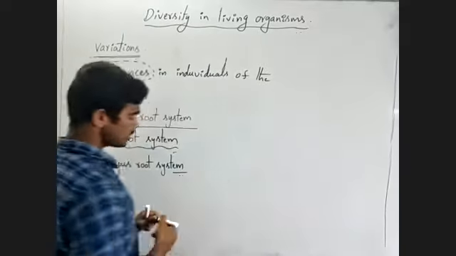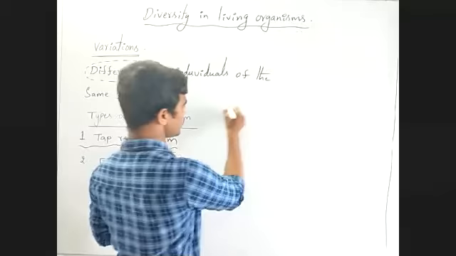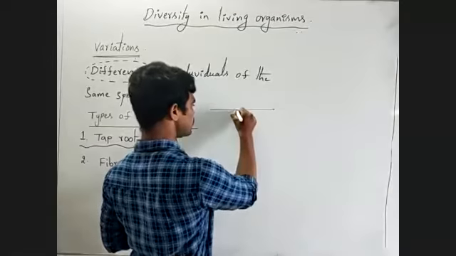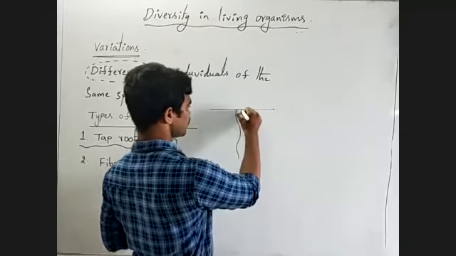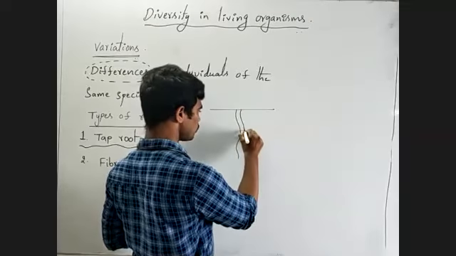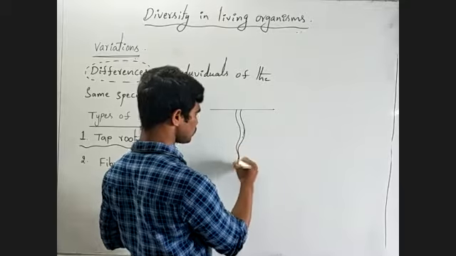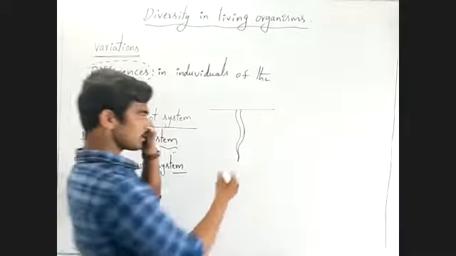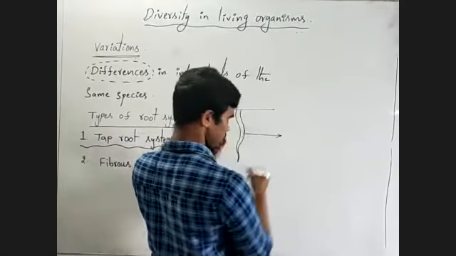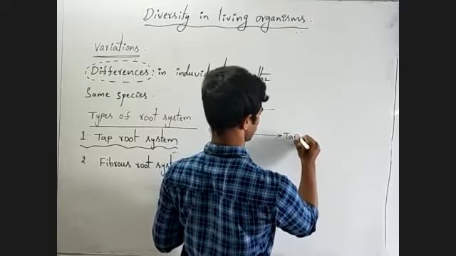During the germination of the seed, from the radicle, a mother root, a large root, is developed into the soil. This large primary root is called taproot.